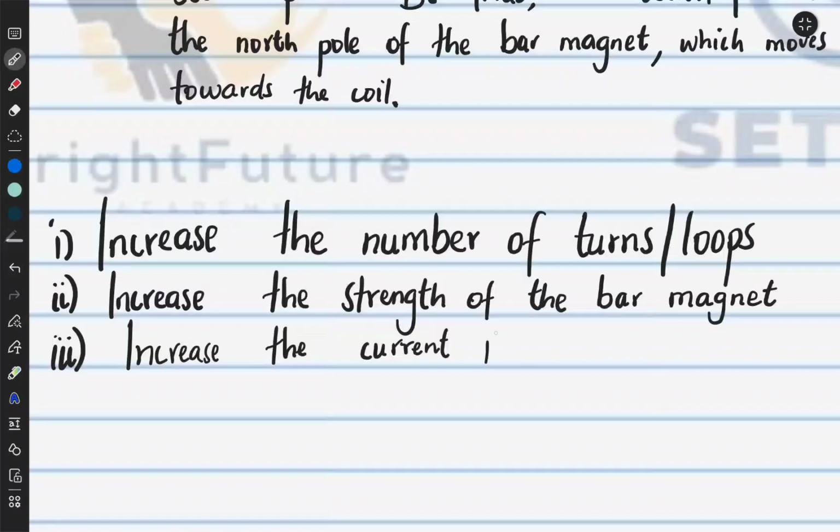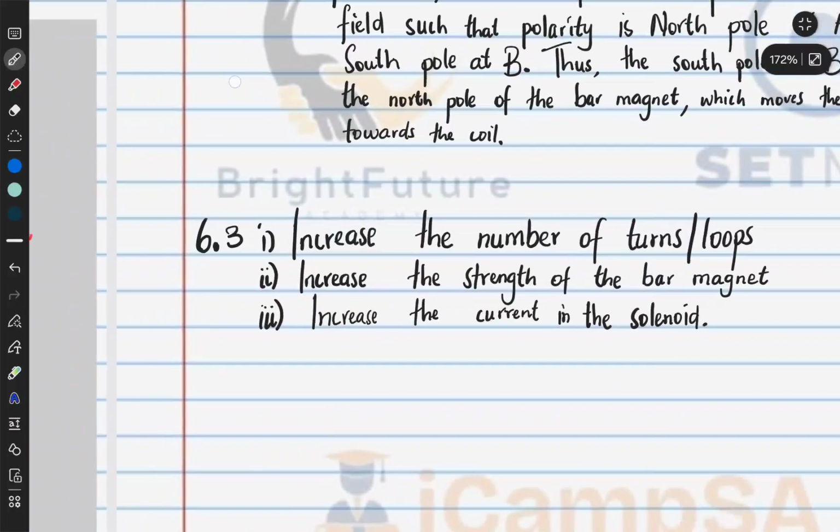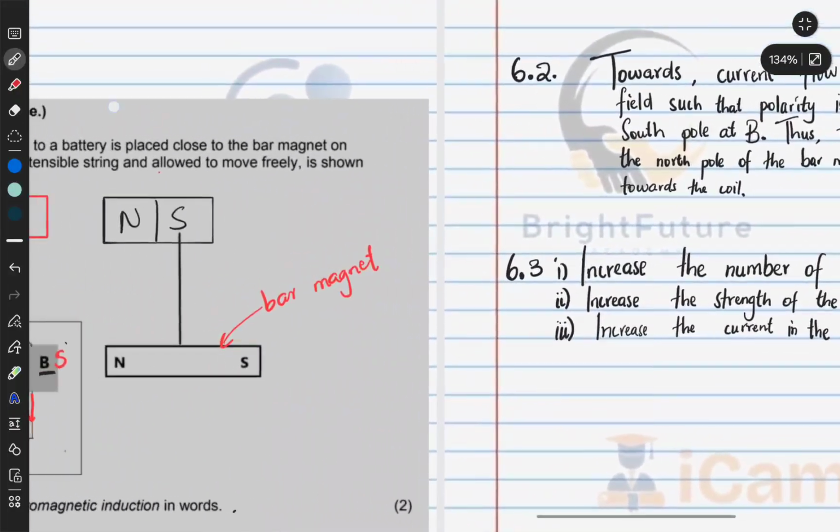I keep saying conductor, but most people would use solenoid. Solenoid is still a conductor. Increasing the current in the solenoid will increase the EMF. So these are the things that you would mention.